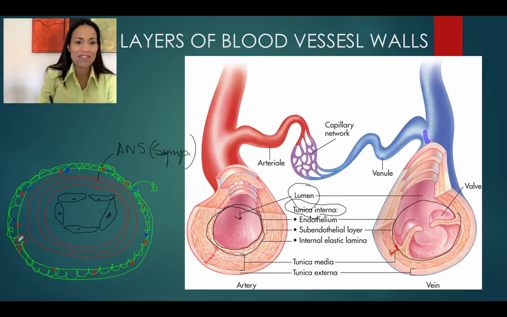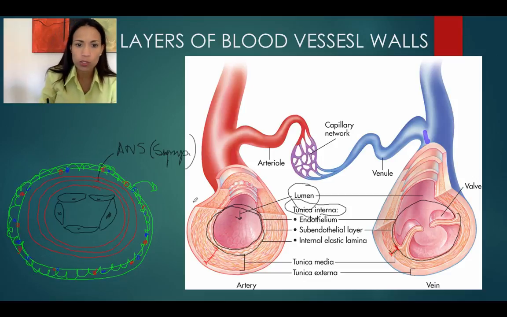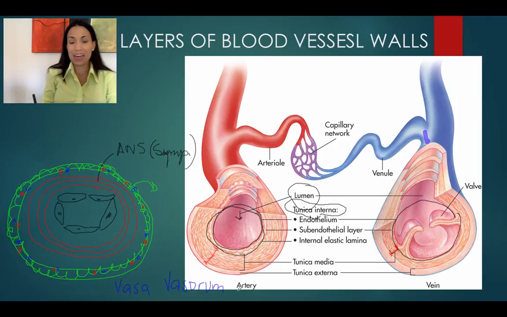And they are called vasa vasorum. Let's see if we have that name in here. No, we don't. So I'm going to write it here for you. Vasa vasorum, the blood vessels of the blood vessels.